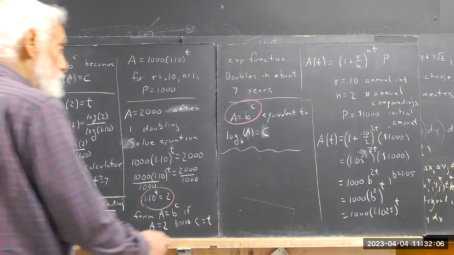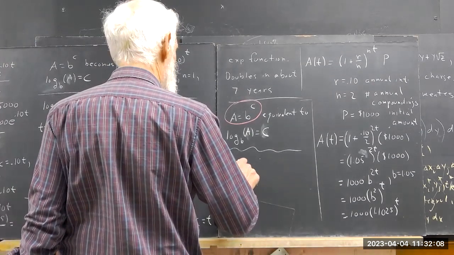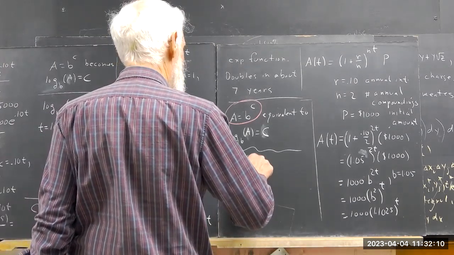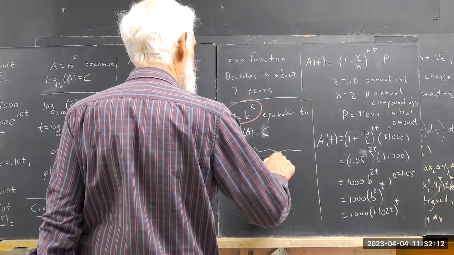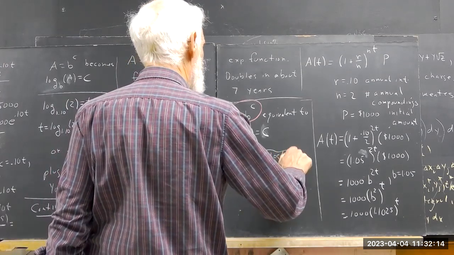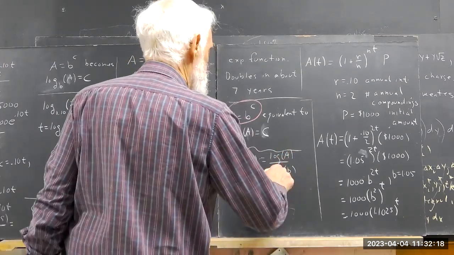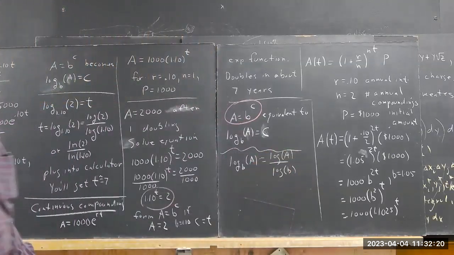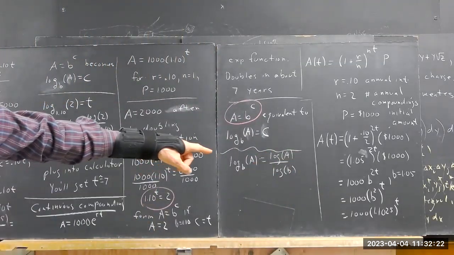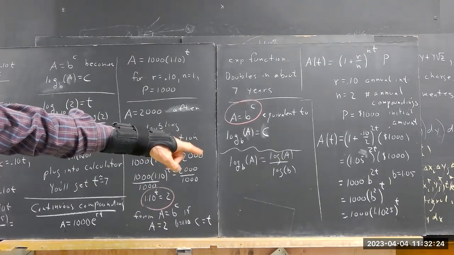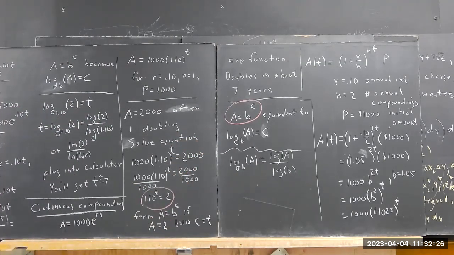Write it over here. And to get the log, take your calculator, you got a log key, and punch the buttons. Then you get T equals approximately 7.